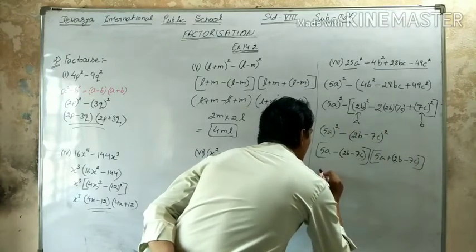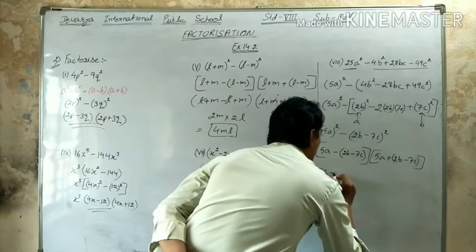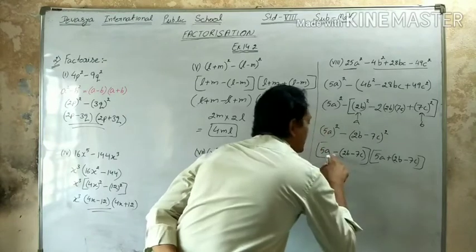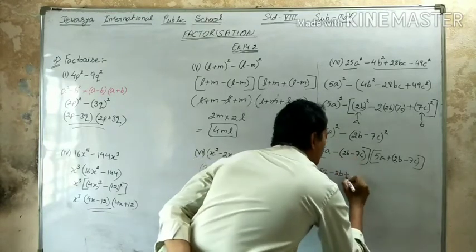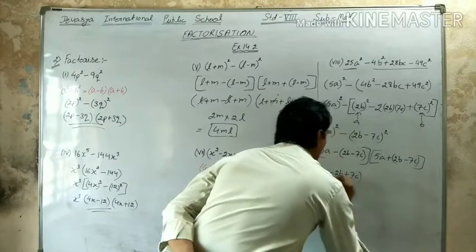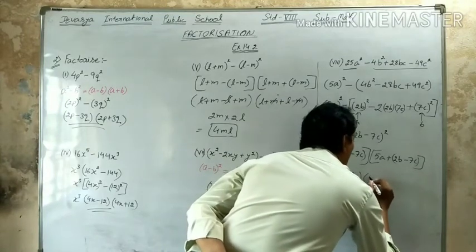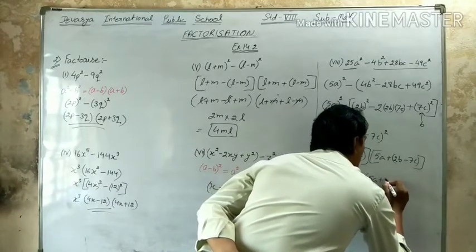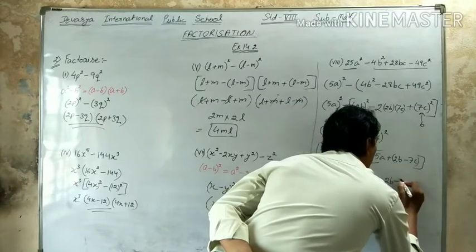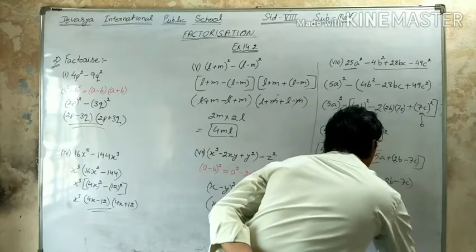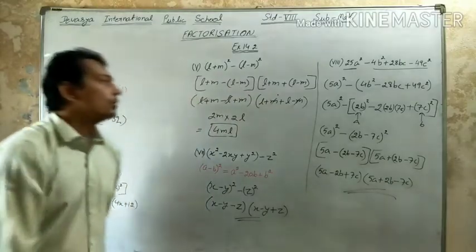Opening the bracket, 5a minus 2b, this minus gets multiplied inside, so we have plus 7c, and 5a plus 2b minus 7c. So this is your factorization.